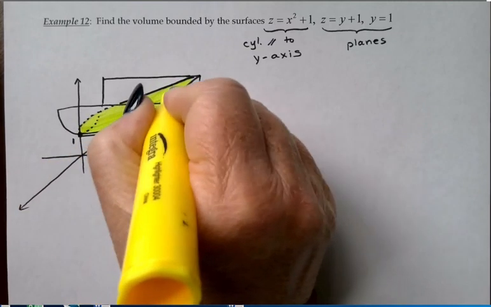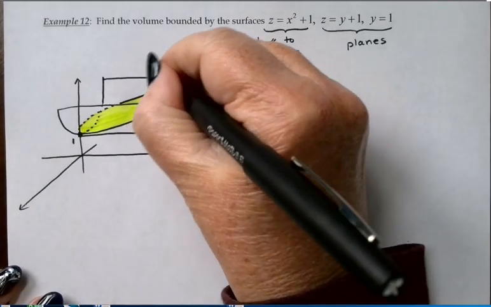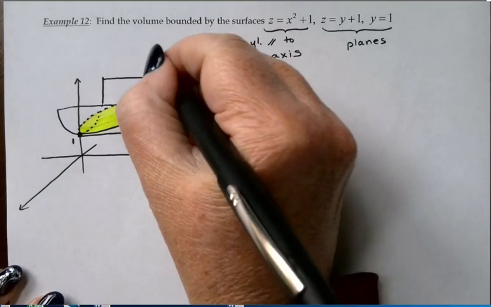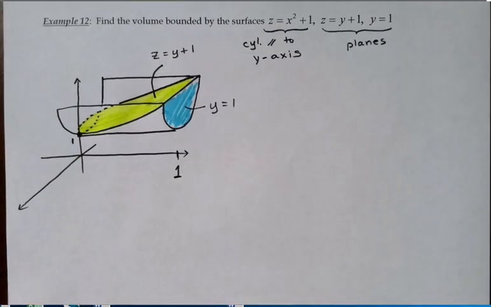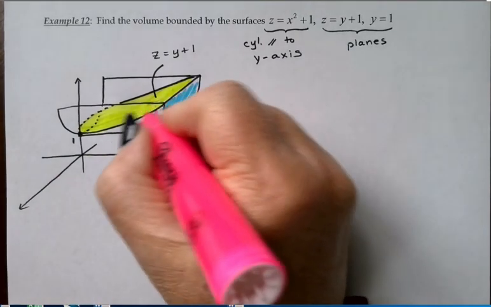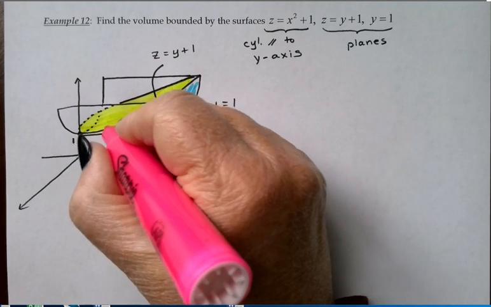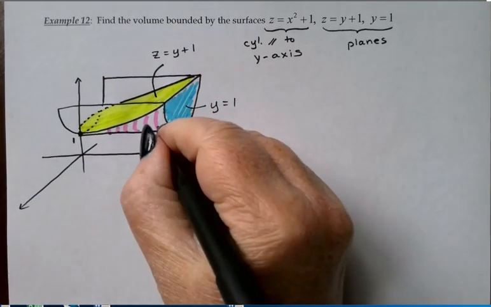And I know this isn't a perfect picture by a long shot, but just trying to get a feel for it right now. So that's my slanted plane, z equals y plus 1. The curved bottom here is that cylinder. That was our z equals x squared plus 1.